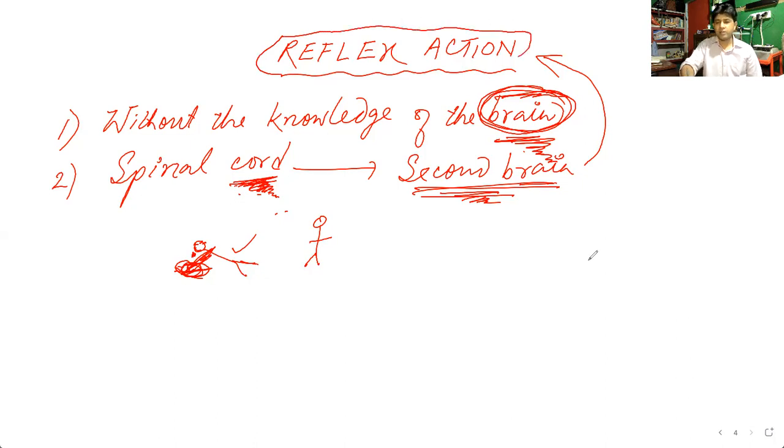Now this reflex action may be of two types. Okay, two types of reflex actions we are getting. One is that which we get by birth. So by birth, how are we getting it? For example, just now I am telling that if you are falling, your hands are going forward, or if you are touching one hot object, then automatically your hand comes back.